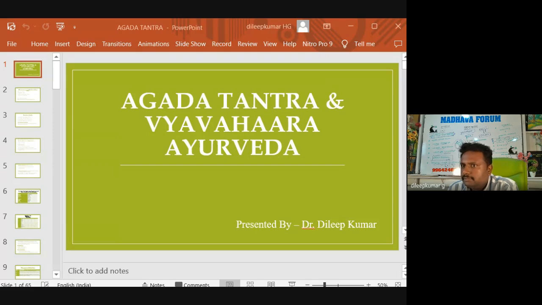Their concept is: if the snake bite happens on the right side of the body, they put swarasa in the left eye. If the bite happens on the left side, they put swarasa in the right eye. Their concept is very clear: the right part of the brain controls the left part of the body, and the left part of the brain controls the right part of the body.